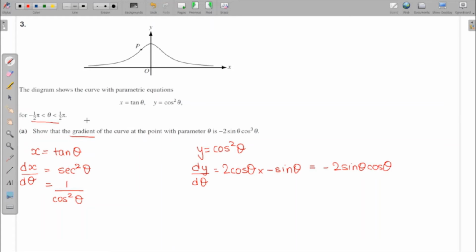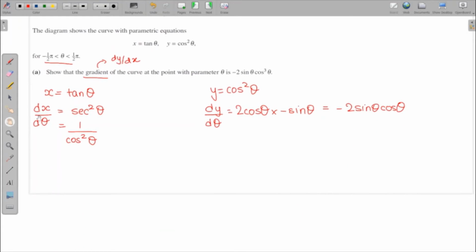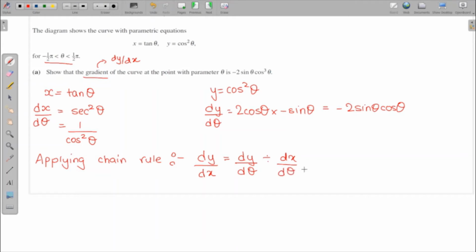Next, to find out the gradient of the curve, that means we have to find out dy by dx. So we can apply chain rule. So applying chain rule, we can write that dy by dx is equal to dy by d theta divided by dx by d theta.